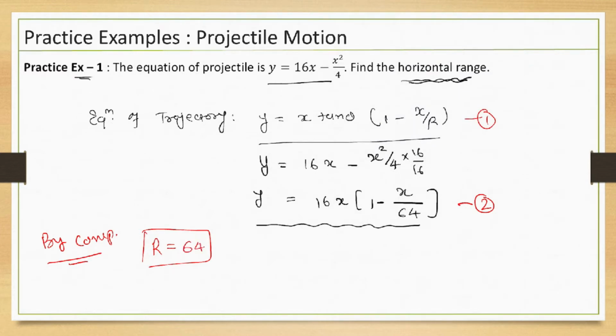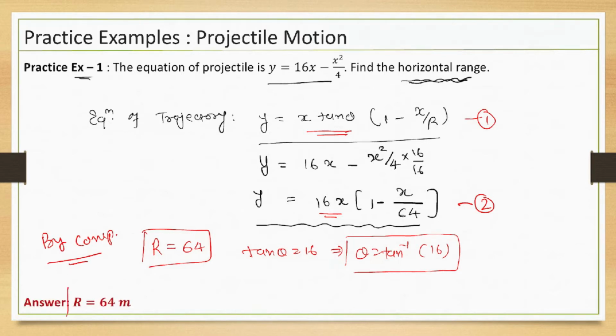If you want the projection angle theta, compare x tan theta and 16x. So tan theta is 16, which means theta is equal to tan inverse 16. That is the projection angle. In this way you get a number of answers. So note this example, and your answer is R is equal to 64.